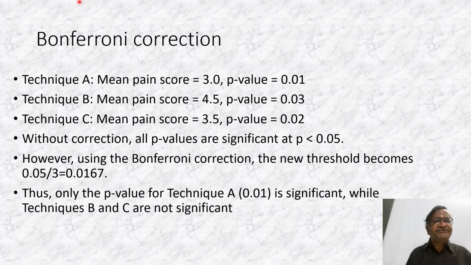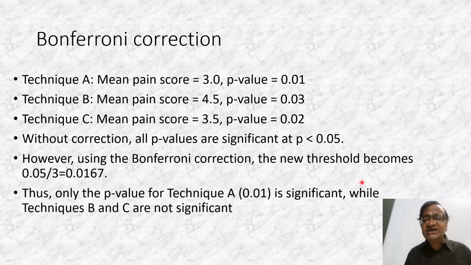What is Bonferroni correction? Every time we say p-value less than 0.05, fine, statistically significant. No. Here, now we are using 3 techniques. Without corrections, you see this.